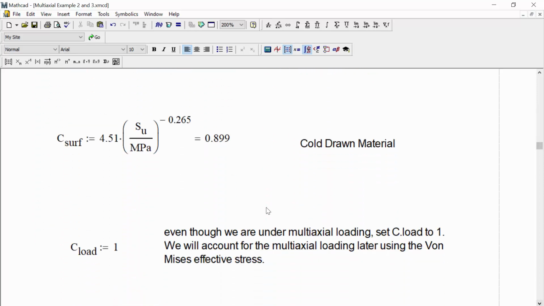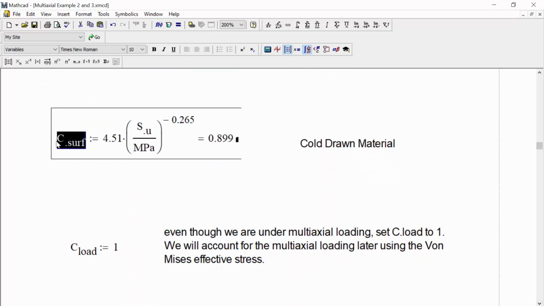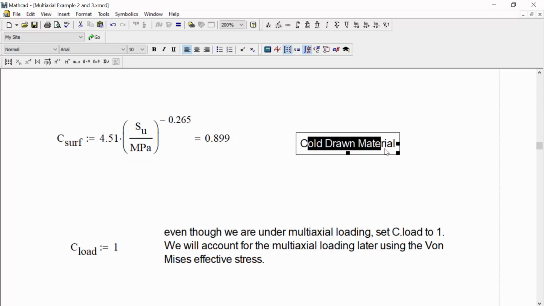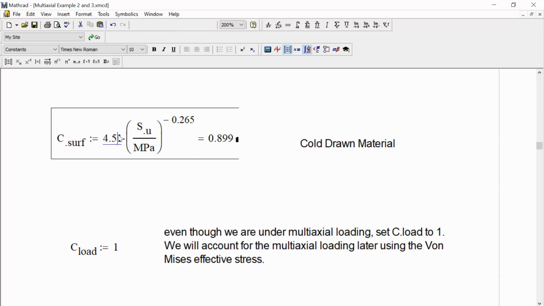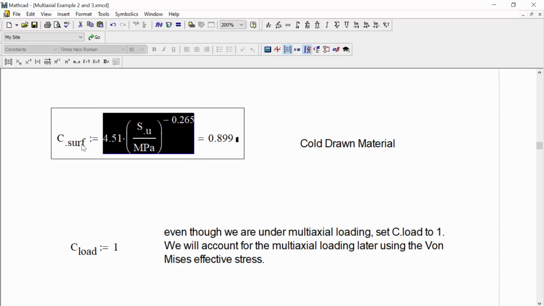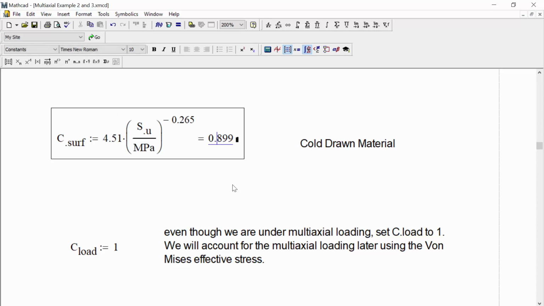All right, the next factor we're going to deal with is the surface factor. For our material, our material is cold drawn. So what we'll do is we'll go in the notes and we'll look in the table to see what kind of material properties, coefficients and exponents are for cold drawn. We put those in, and then we calculate our surface factor equal to 0.899.